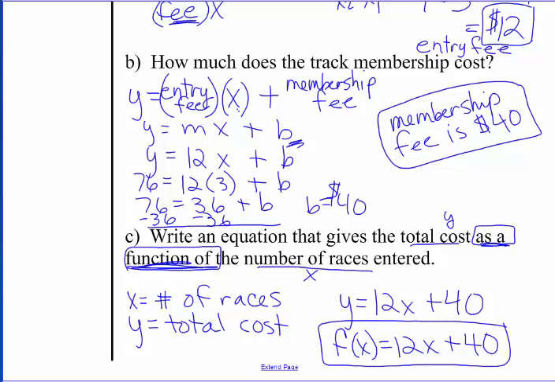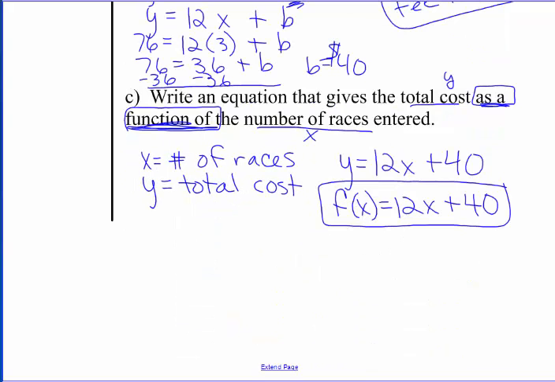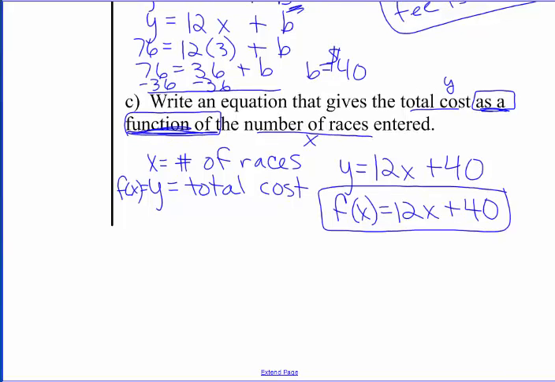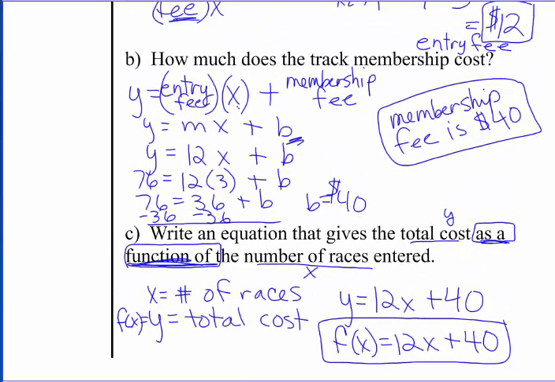And then as far as defining your variables, remember the f of x is the same as y. So you can just say the y is equal to the f of x, which is equal to total cost, and that would be okay. So you've defined all of your variables. You've written in function notation because it's asking you to write it as a function of. And that completes all parts of this problem.